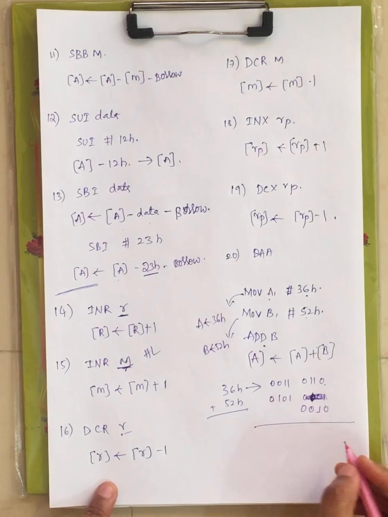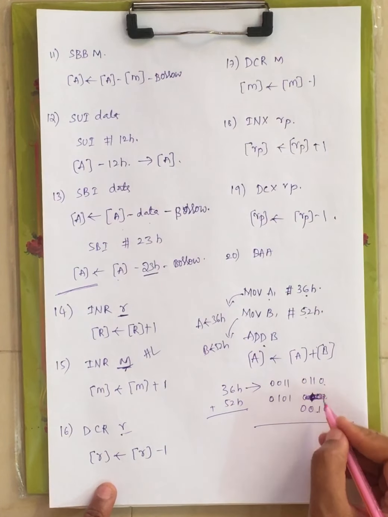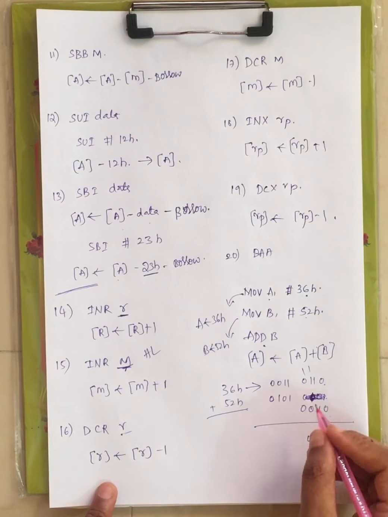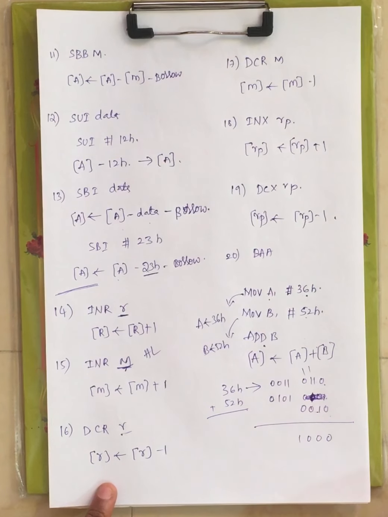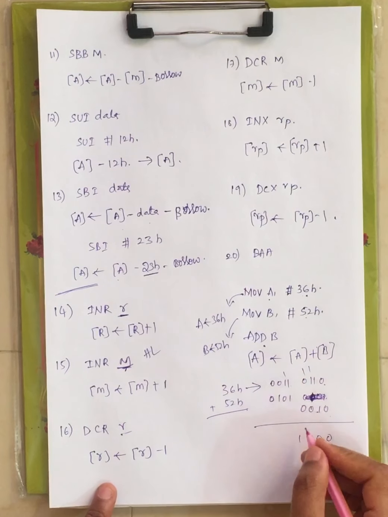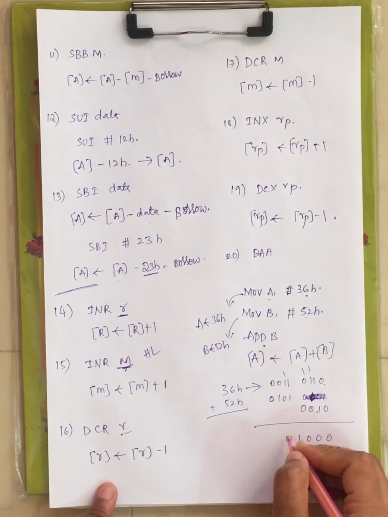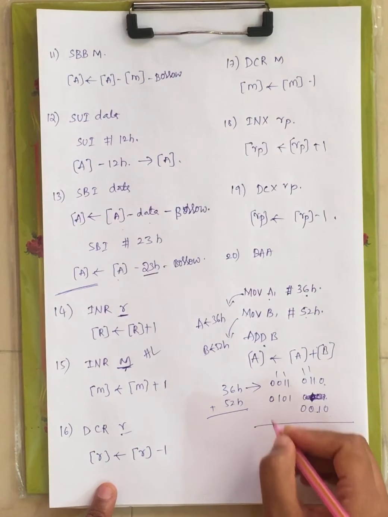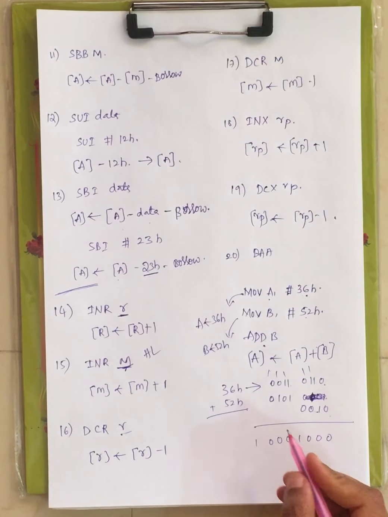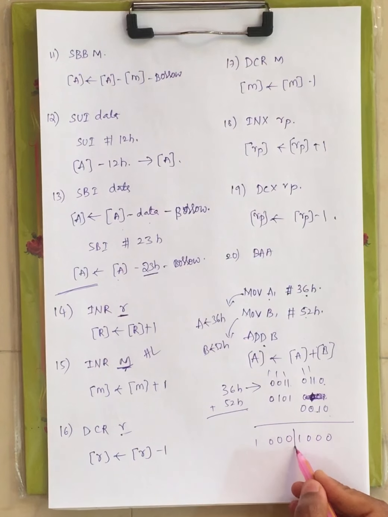Now 0 with 0 is 0 itself. Then 1 with 1, 1 plus 1 is 1 with 0, and so on.